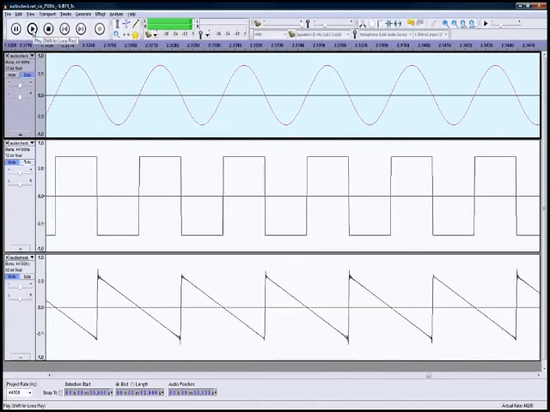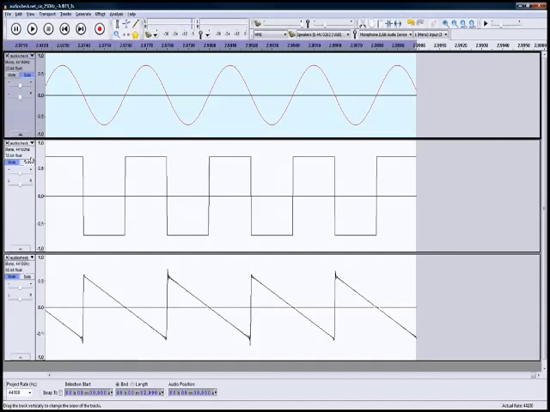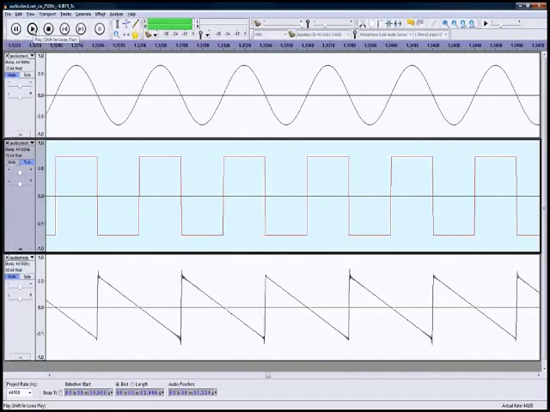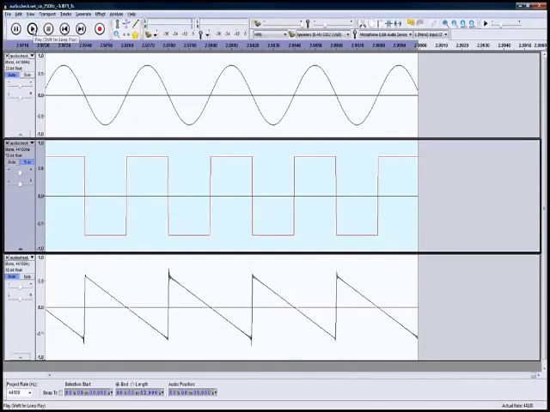Sine wave. And this is our square wave. We'll now listen to the sawtooth wave.